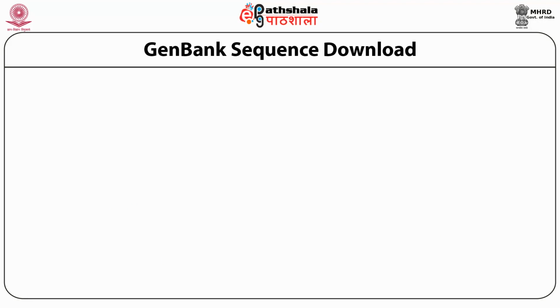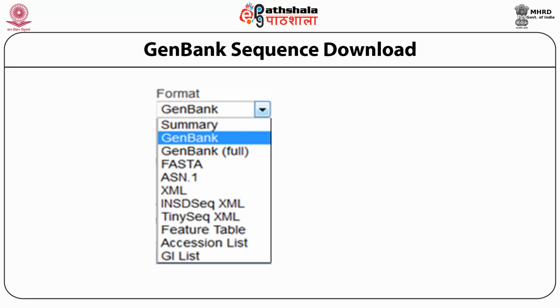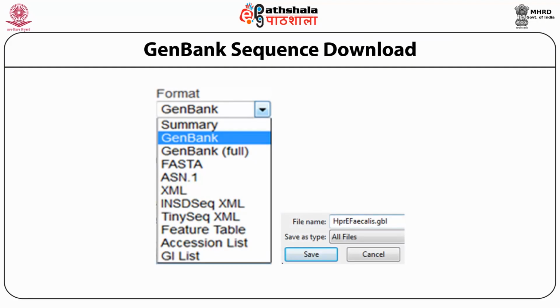Even if the selected format for the sequence was any other, say for example GenBank, then one would enter the full name as hprefaecalis.gbk, as it was entered for FASTA format, hprefaecalis.fa. And now similarly select All Files in the Save as Type drop-down list before clicking Save in this dialog box.